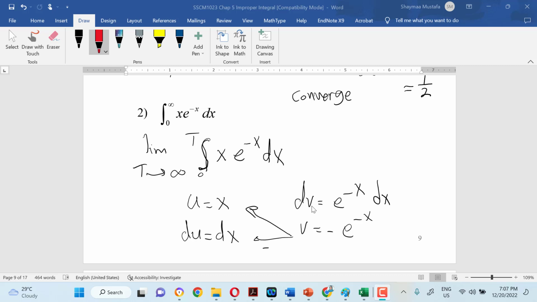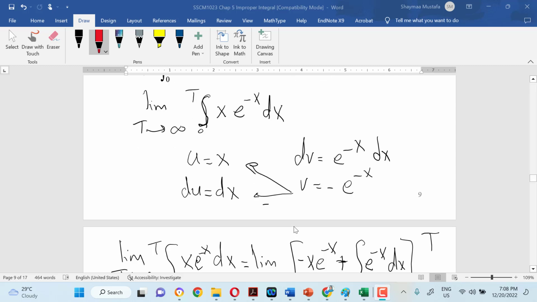For integration, dv is exponential minus x dx. Taking the derivative, du is equal to dx. Taking the integration, v is equal to minus exponential minus x.